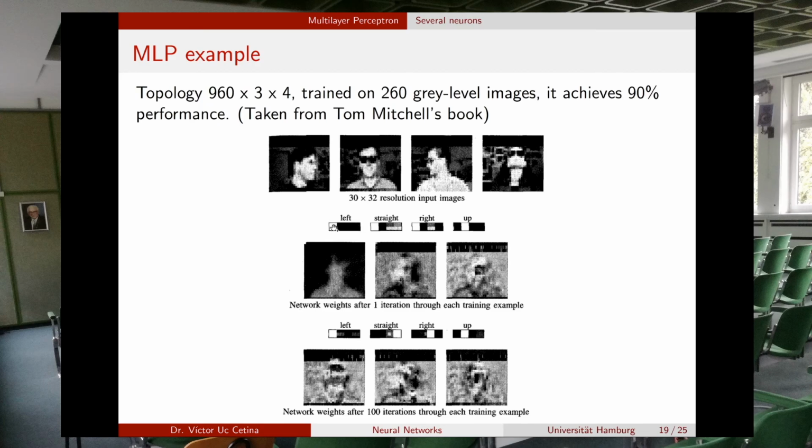So here you can see that there are 4 squares. Maybe here is more clear. This represents the value of the output of the first output neuron. This is the value of the output of the second neuron. The third corresponds to the third output neuron, and this is the fourth output neuron.